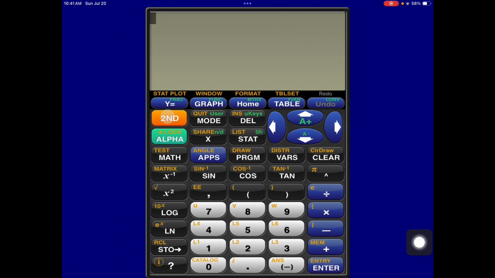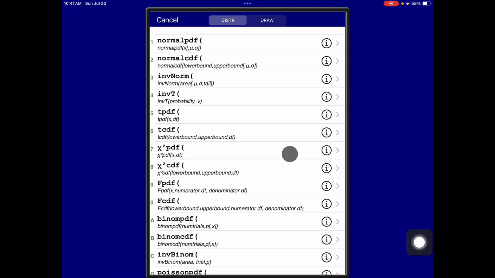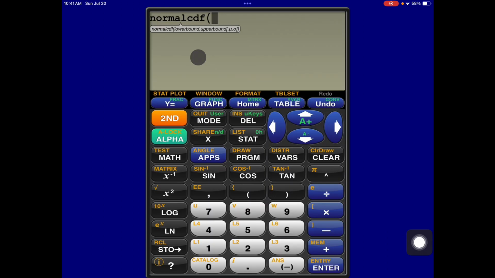On your graphing calculator, you're going to go to second vars, normal CDF. Our lower bound on this one is negative, again the negative is the one with parentheses around it and underneath the 3, 1.14, comma, our upper bound, which this time is 1e99.